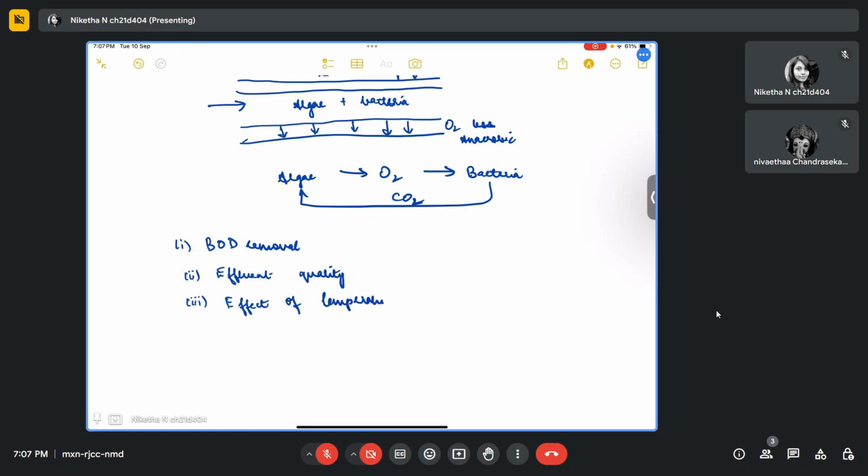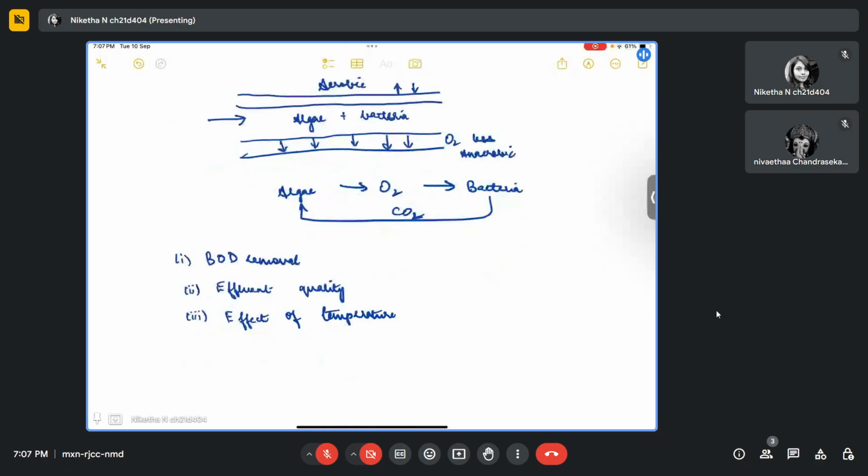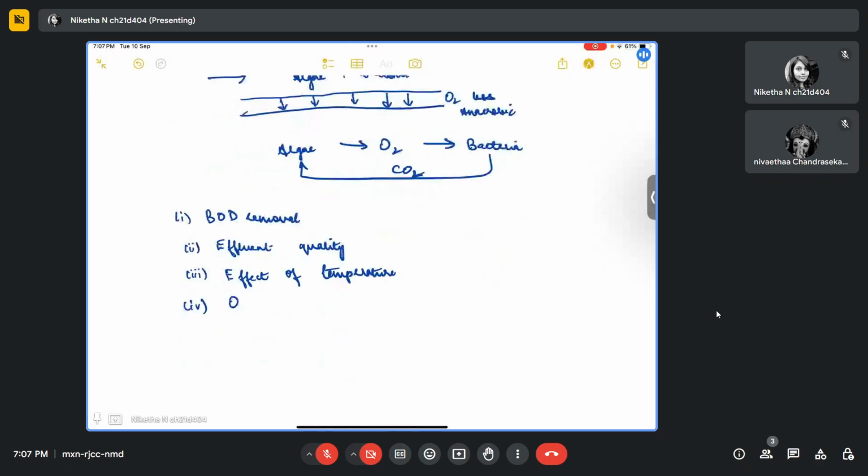Why is temperature important? It's because temperature affects the rate of dissolution of gases. So that is why we have to mind the temperature of the process also, and how much oxygen is required. And how much energy is required for mixing.